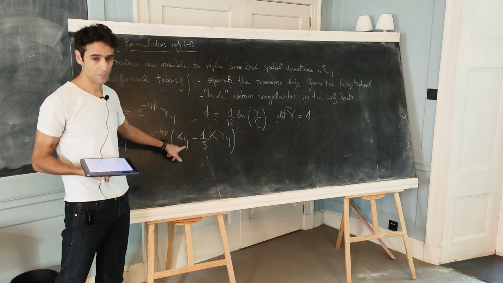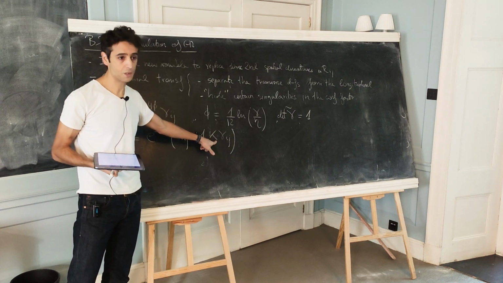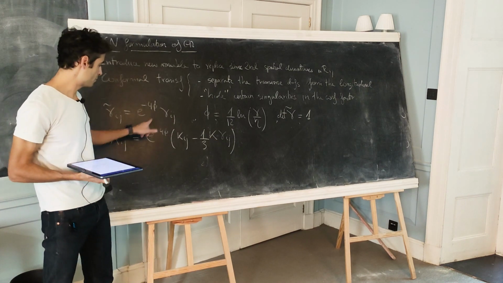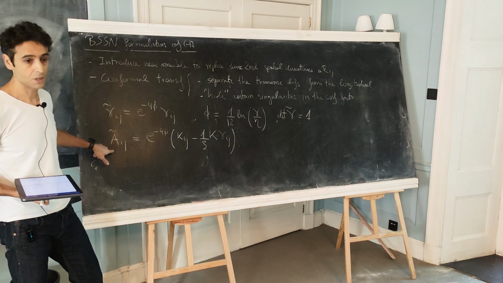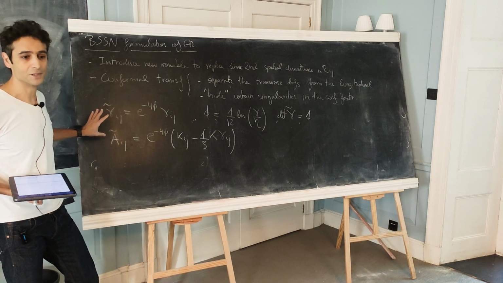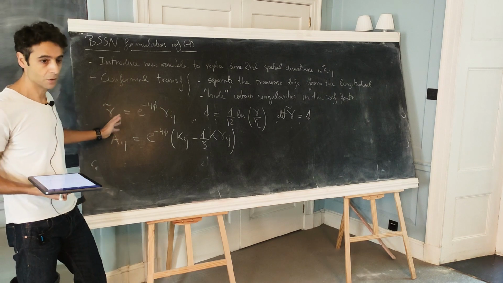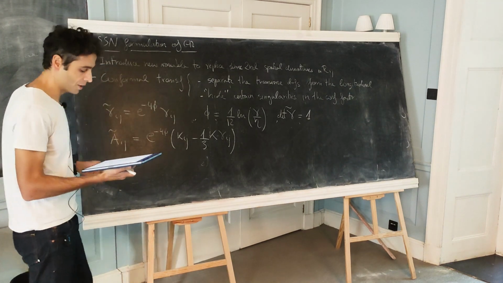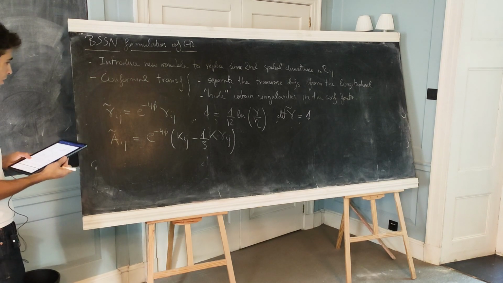So from this, by taking the trace, you get the evolution equation for the trace of the extrinsic curvature, and from then you do the conformal transformation, you get the evolution equation for this. Okay? So far, all you've done is basically a conformal transformation of both the induced metric and the extrinsic curvature. Okay? And you derive trivially equations for them from the known ADM equations.